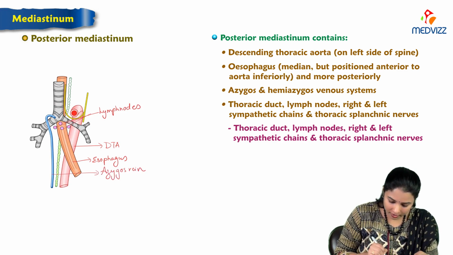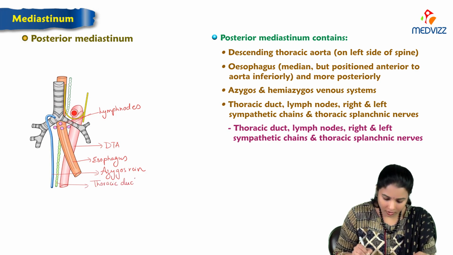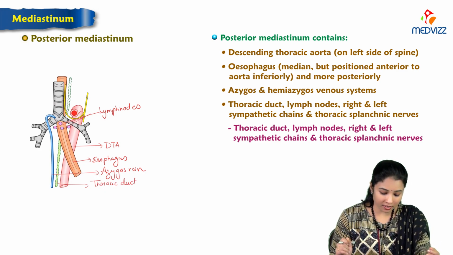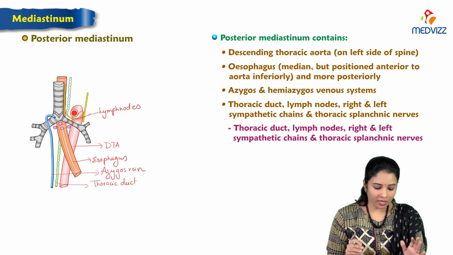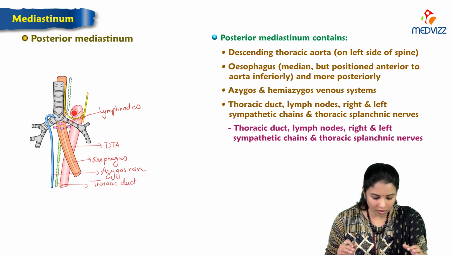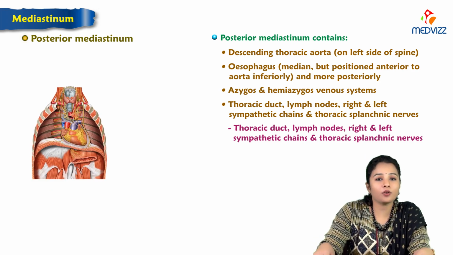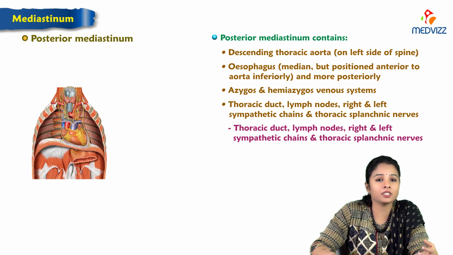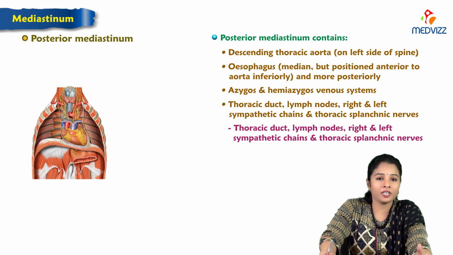Along with the azygos, thoracic duct and termination of hemiazygos and accessory hemiazygos can also be appreciated. So this is a schematic image to show the structures of posterior mediastinum. So this completes the mediastinum, different parts of mediastinum and their boundaries and contents of each part of mediastinum.